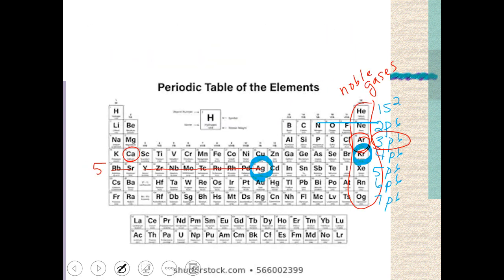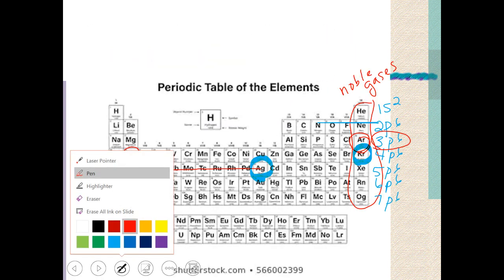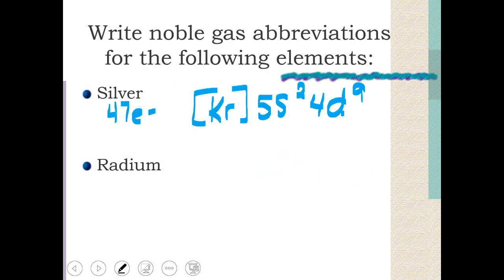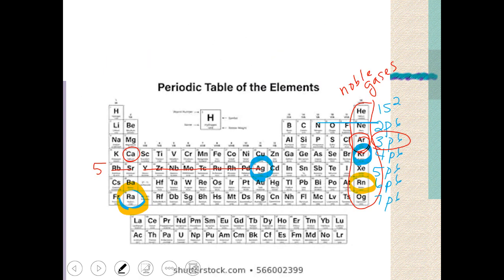Try the radium. Now, if you can't find radium, it's right there. Last noble gas before radium is radon. Radon ends with 6p6, and it's number 86.